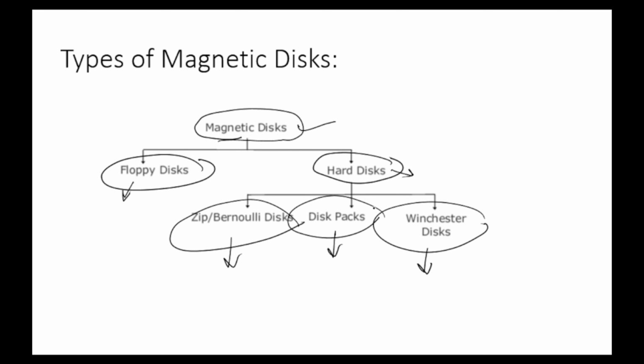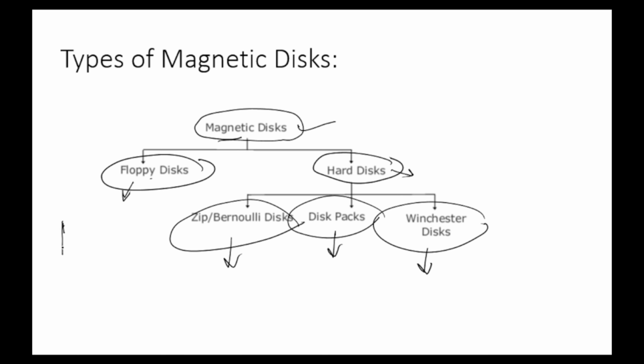So what is a floppy? First of all, we will talk about the floppy disk. A floppy disk is a flat, circular piece of flexible plastic coated with a magnetic oxide.